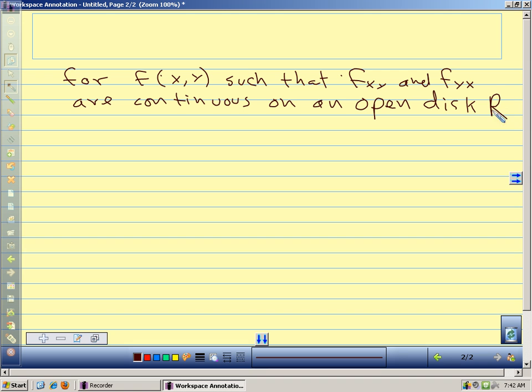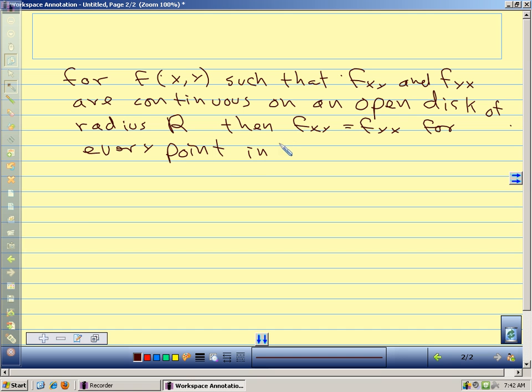We'll call our open disk R. Not open disk R, open disk of radius R. Then our mixed partials, f sub xy equals f sub yx for every point in R. So this is just a fancier way of saying that if our second partials are continuous, then they are equal.